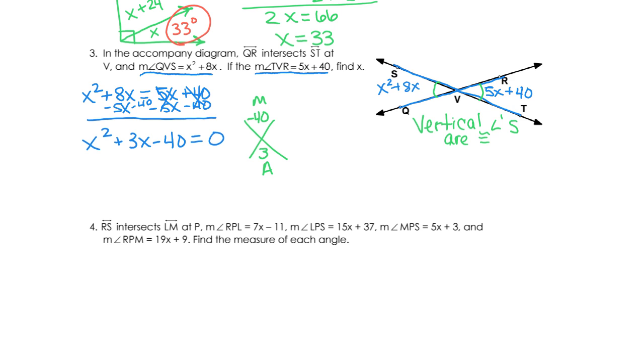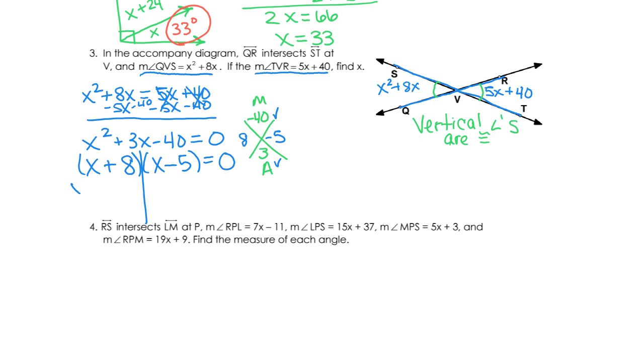And our numbers are going to have to be, how about 8 and 5? Will that work? If we make 5 negative, it will add to positive 3, and it will multiply to negative 40, and easy trinomials get broken up right into their factors. X squared gets chopped into x and x, one with a plus 8, the other one with a minus 5, and we are equal to 0.